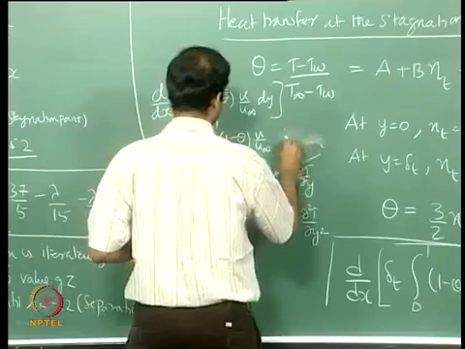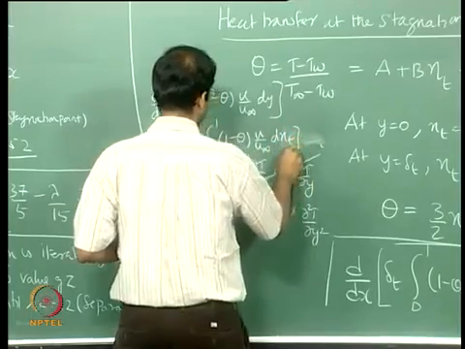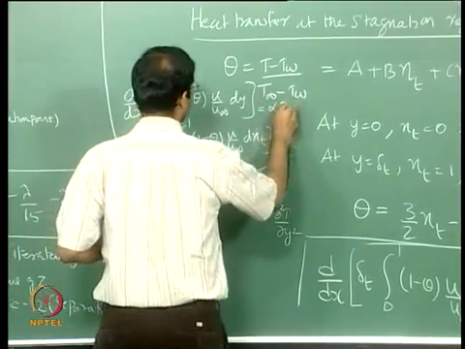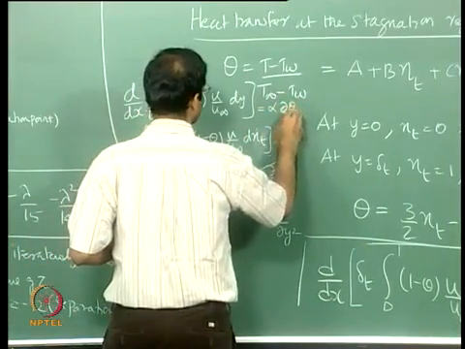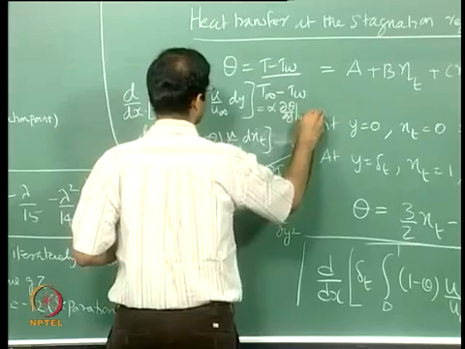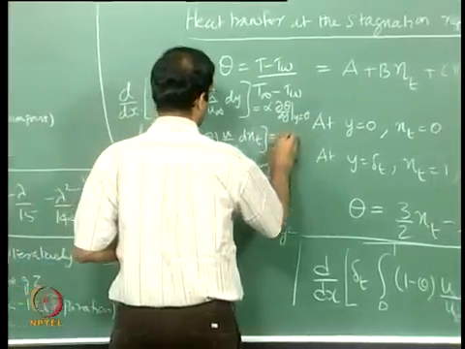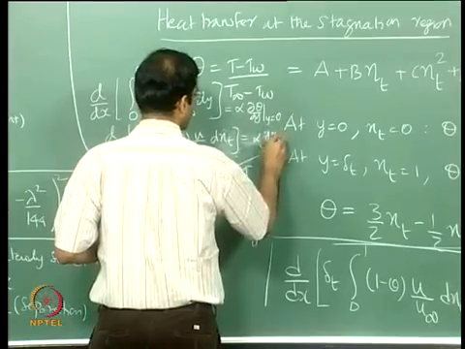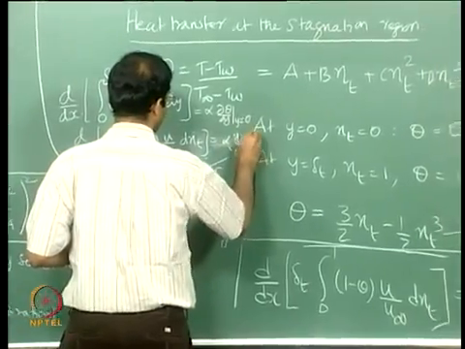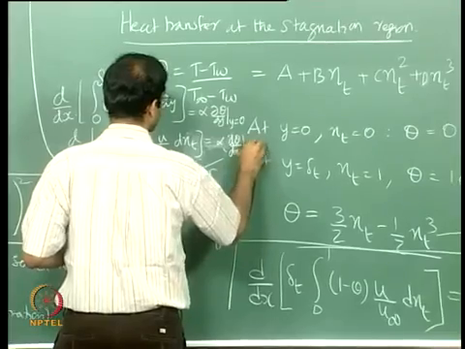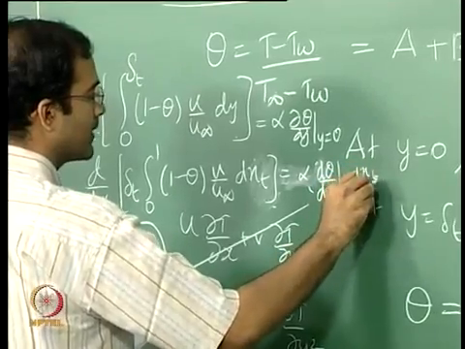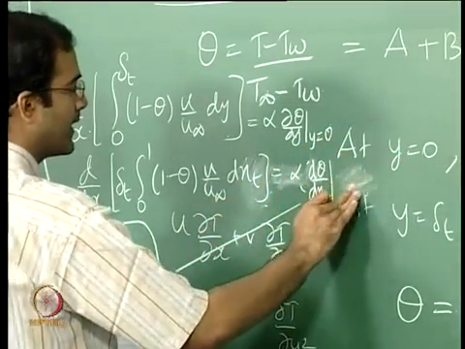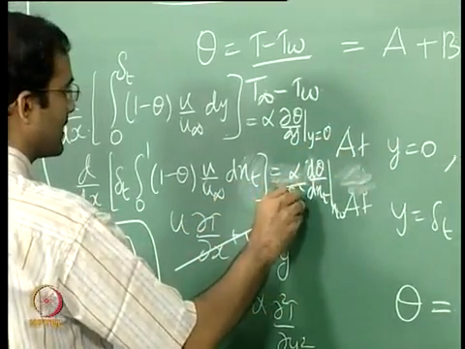On the right hand side I have alpha dT or d theta by dy at y equal to 0. I can write this as alpha d theta by d eta t at eta t equal to 0 into d eta t by dy. d eta t by dy is 1 by delta t, so that's why I have the factor delta t here.